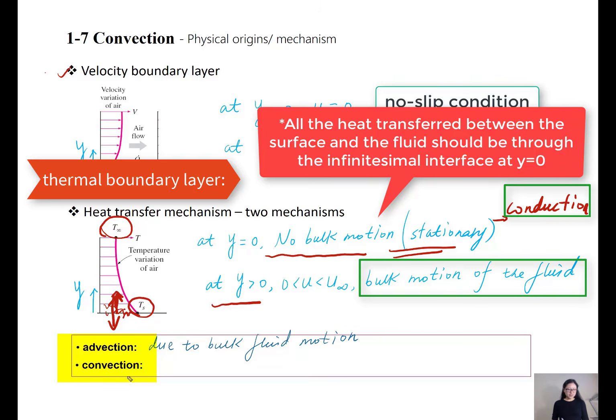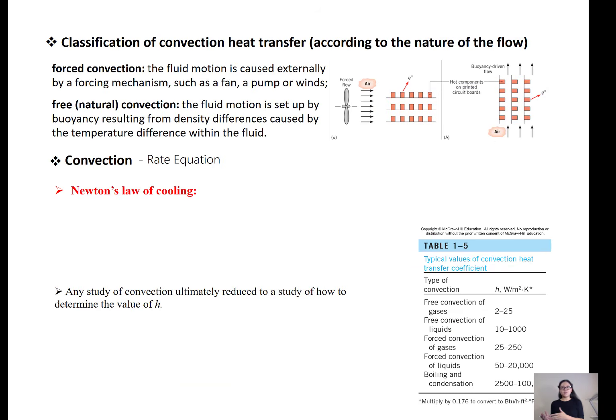And the term convection is customarily used when referring to this cumulative transport of conduction and heat transfer due to bulk motion. So based on the nature of the flow, we can classify convection into forced convection and free convection.